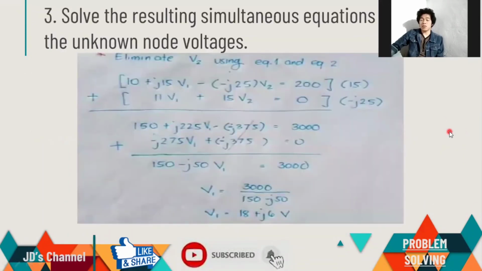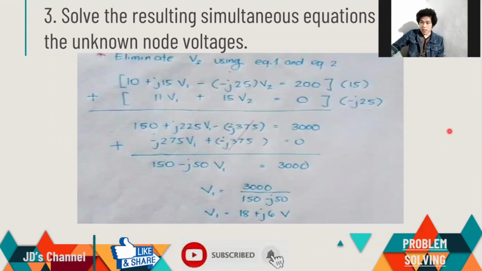Let's now solve the resultant simultaneous equations for the unknown node voltages.